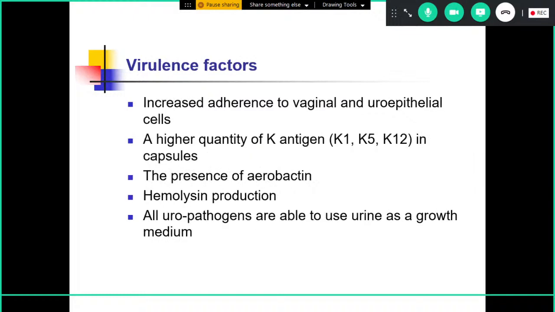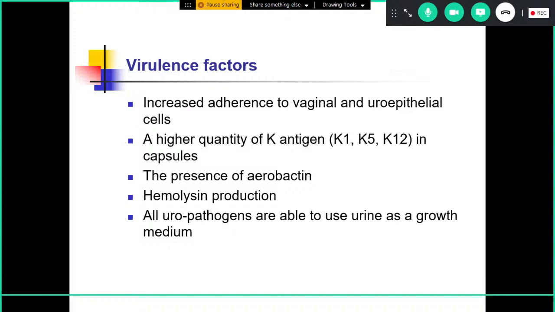Coming to the different virulence factors. When we look at the virulence factors, we know that they show increased adherence to vaginal and uroepithelial cells. They produce a higher quantity of capsular antigen. Then there's presence of aerobactin, which is an iron chelating protein, also called siderophores.